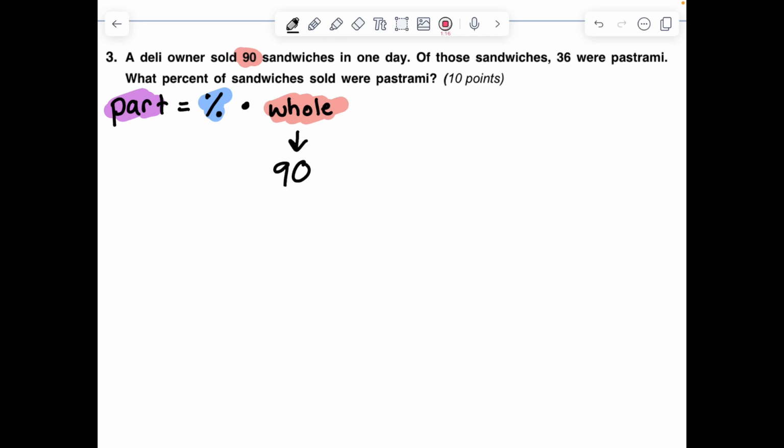And then it's asking us about specific sandwiches. It says 36 were pastrami. Now 36 out of the 90 were pastrami, right? So 36 is our part, because 36 is just part of 90, right?